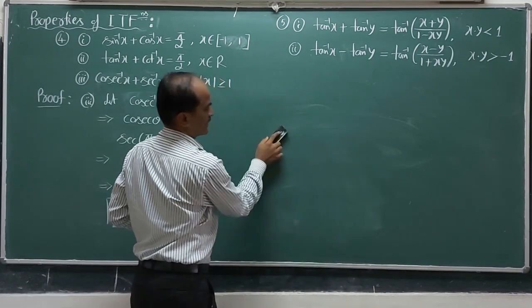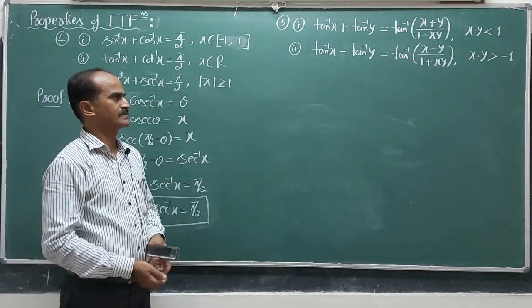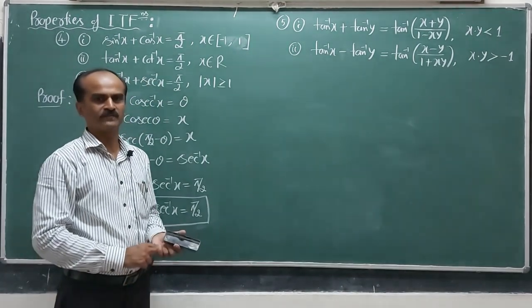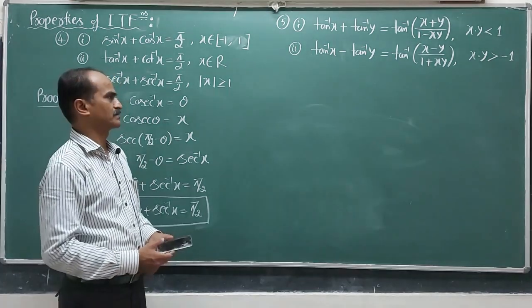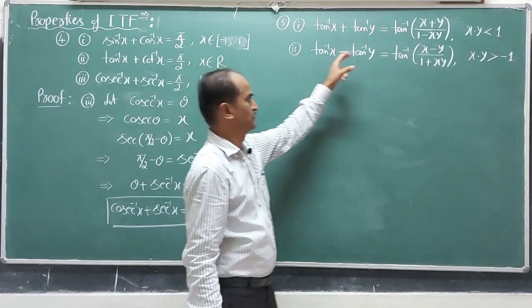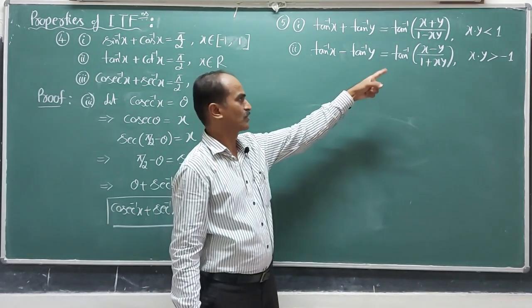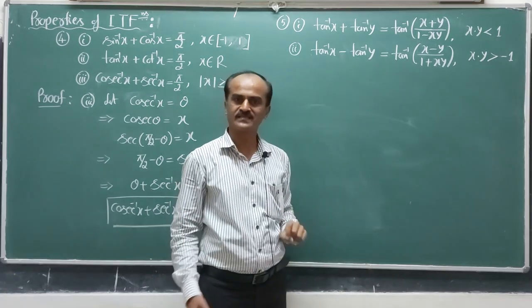Now we will take the fifth property. It says tan inverse x plus tan inverse y is equal to tan inverse of x plus y divided by 1 minus xy. Remember that this formula is true whenever the product of x and y is less than 1.